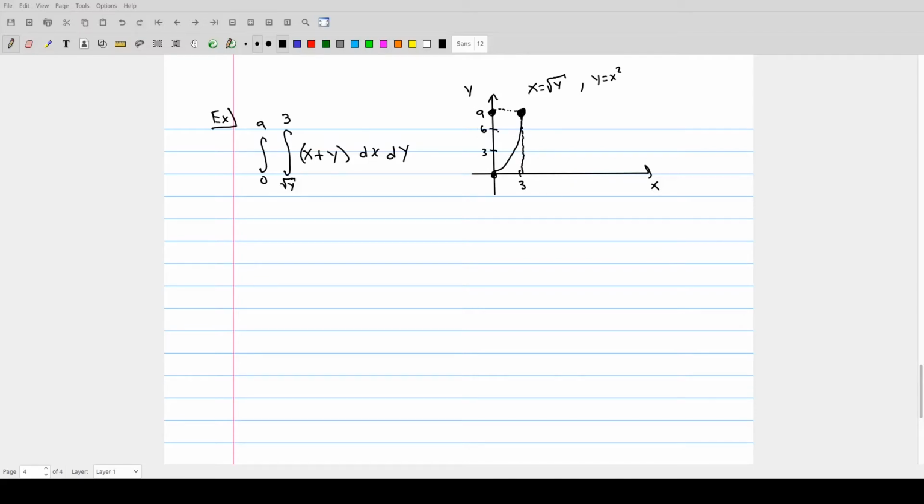And then if our lower bound is this curve, then at any specific y value, say right here, our lower bound is this curve, and our upper bound is x equals 3. Which means that our domain is this space right here, all of the stuff underneath the parabola x equals square root of y, or y equals x squared.